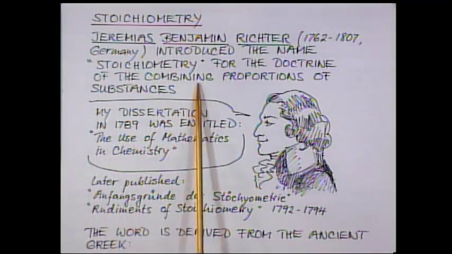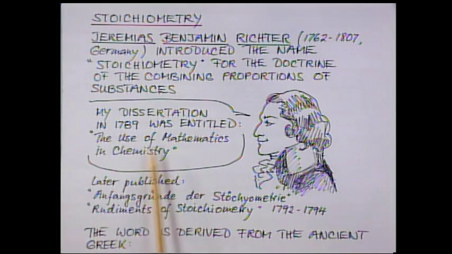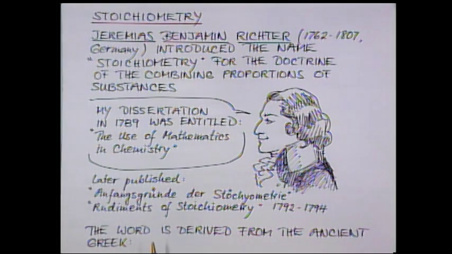It's derived from the Greek for the doctrine of the combining proportions of substances. And he even did his dissertation, that means his PhD thesis, in 1789, the use of mathematics in chemistry. Of course, he expressed that in German.